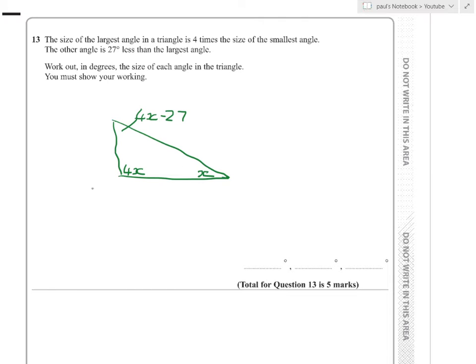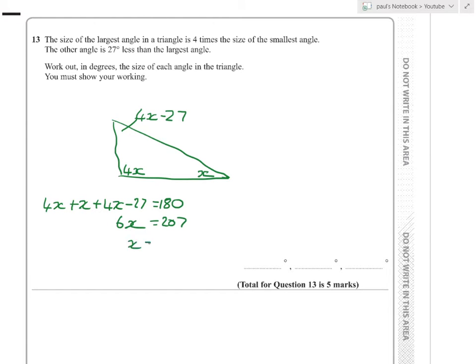So everything adds up to 180, so we've got 4x plus 4x plus minus 27 equals 180. So add 27, so that's 207, and that's 6x.